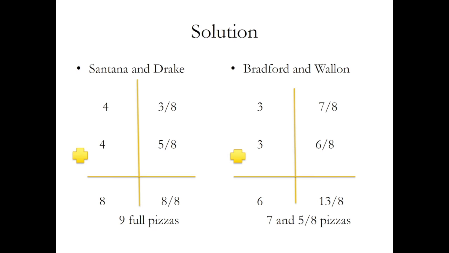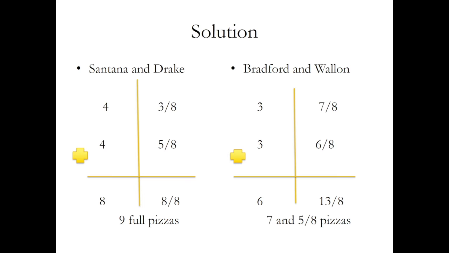Okay, so I will start it off with Santana and Drake. My first step, I figured it was an addition problem, so I created my T-chart and separated it into wholes versus fractions. That's going to keep my part organized. I took care of my first mixed number. I put my 4 and paired it with my 3/8, did my 4 and paired it with my 5/8. First, I added my fractions in case I needed to carry over a whole.